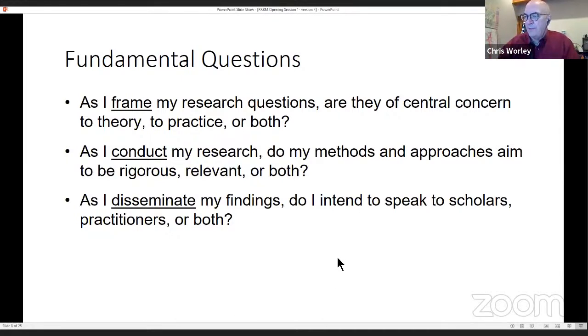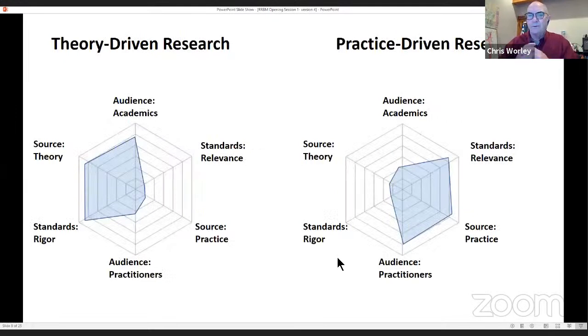And as we thought about that, we recognized that there were some patterns in the way people went about their work. In the traditional way, on the left side here, as I suspect many of us are trained, you source your research questions in theory. What is it that we need to learn? What don't we know yet? Where are the strengths and the weaknesses of the theory?